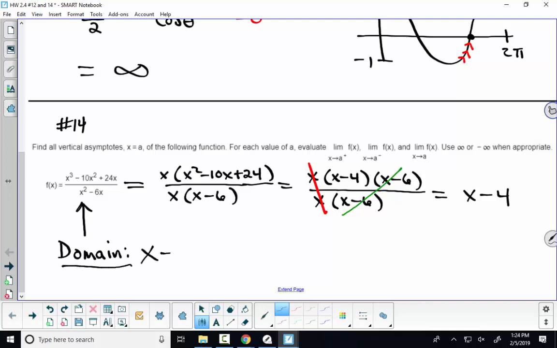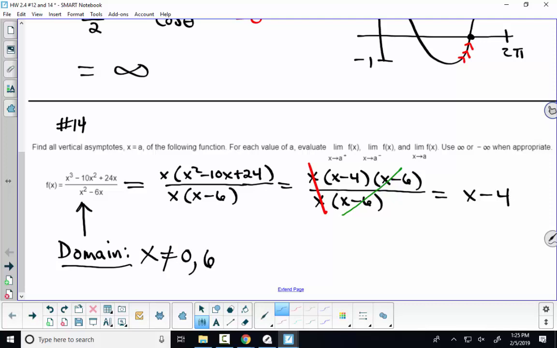All real values except 0 and 6. So when we graph this hideous looking function, it's just the line x minus 4 with a hole at these two x values. So it's a line that has two holes in it. So that function has no vertical asymptotes.